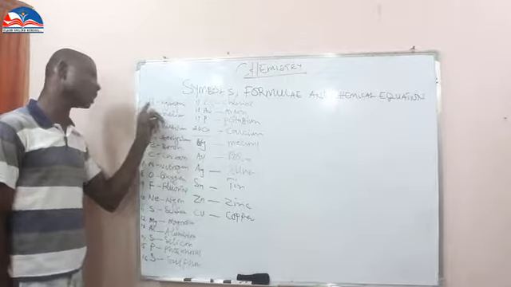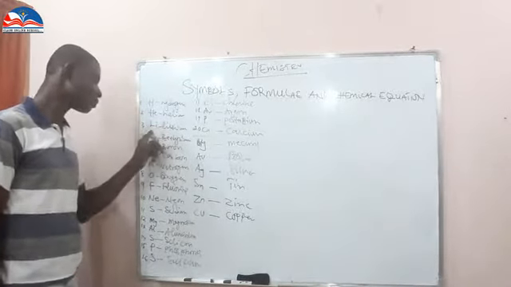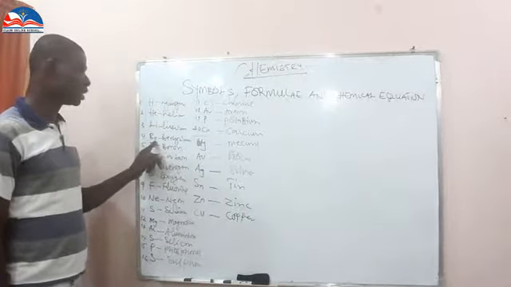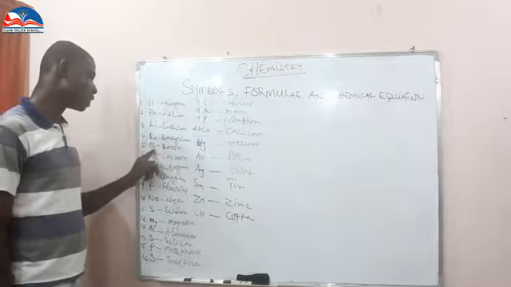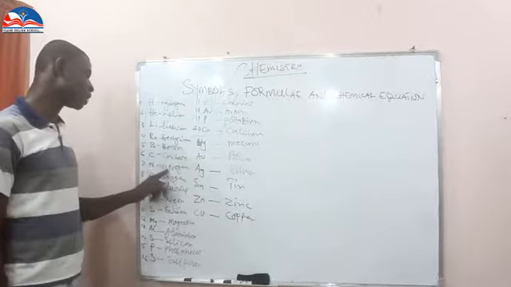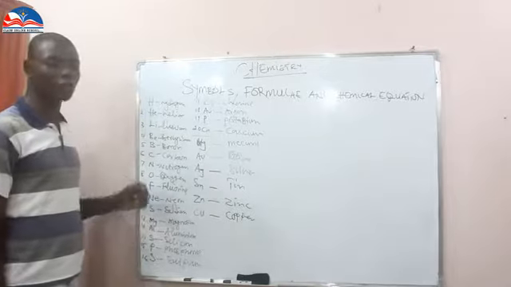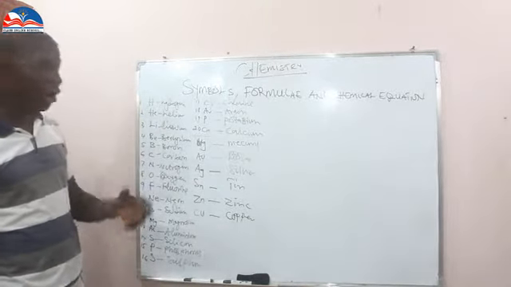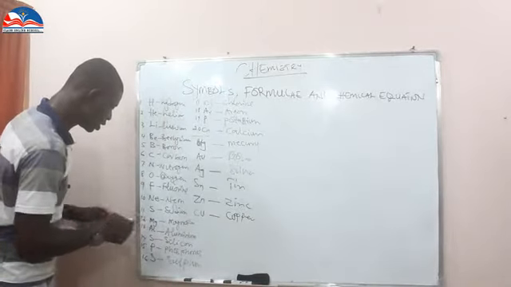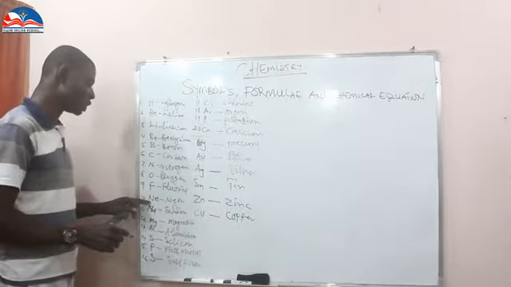So this becomes the 20 elements with their symbol. The symbol of hydrogen H, the symbol of helium He, the symbol of lithium Li, the symbol of beryllium Be, the symbol of boron B, the symbol of carbon C, the symbol of nitrogen N, the symbol of oxygen O, the symbol of fluorine F, the symbol of sodium Na, while the symbol of neon is Ne.